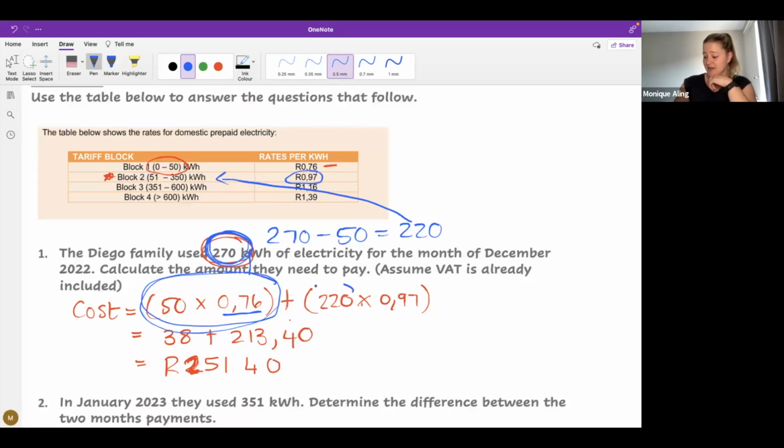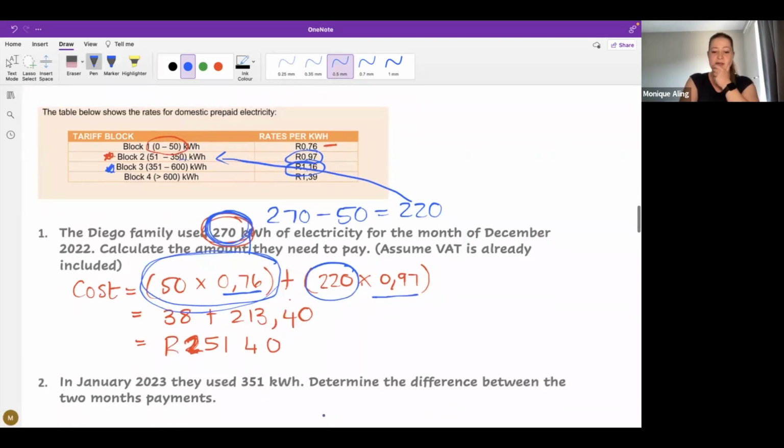So I've taken the 220 that's left over times by that price in the second bracket, and I've just added everything together. Okay, and if someone used even more than that and they ended up in block 3, you would take the leftover bits and times it by the more expensive rate of block 3, and so on. But we didn't need to do that because they didn't use as much electricity. Does that help?